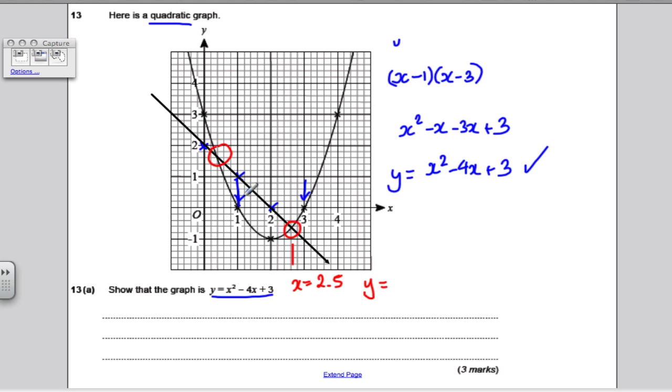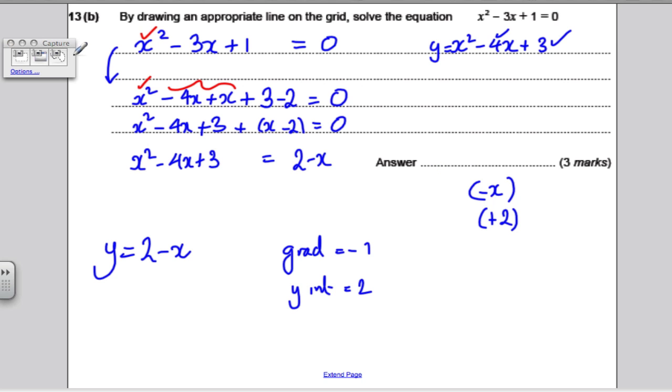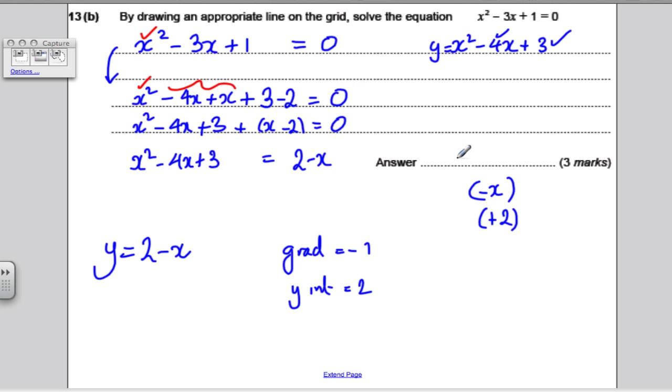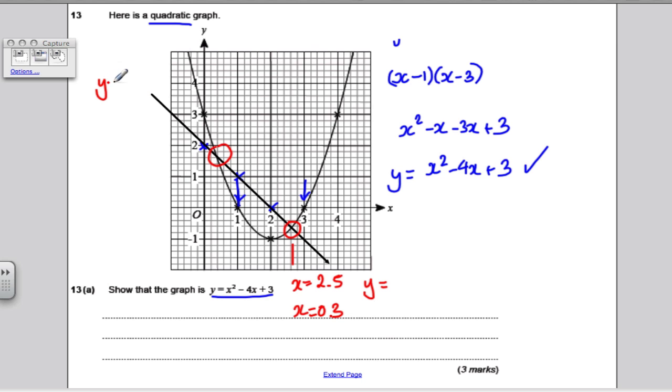Can't quite make that out, but the other one you'd get x is approximately equal to 0.3. In fact, they only obviously want the x values. So the x values I got are about 0.3 and 2.5. Just to recap, that's by drawing the graph y equals 2 minus x and seeing where it intersects with our graph x squared minus 4x plus 3 gives us x is about 2.5 and x is about 0.3 as our solutions.